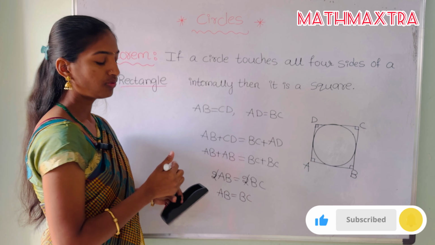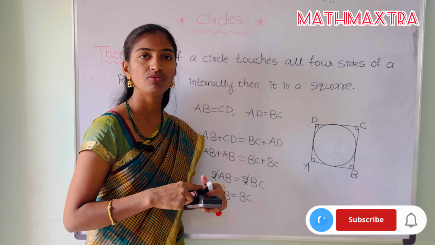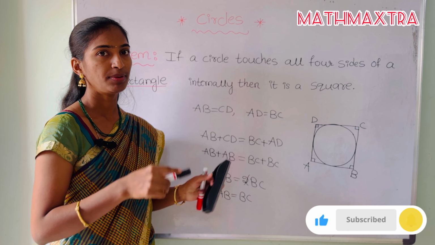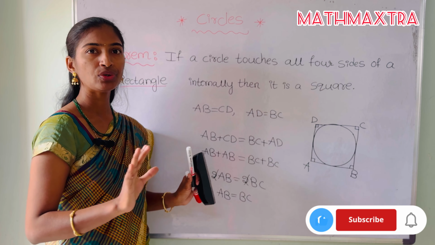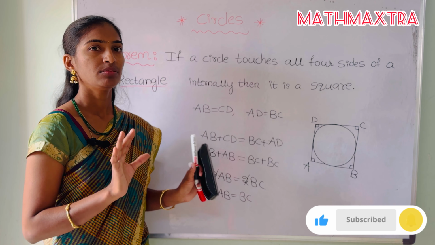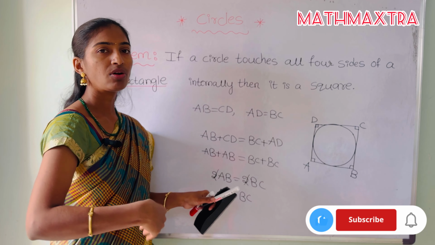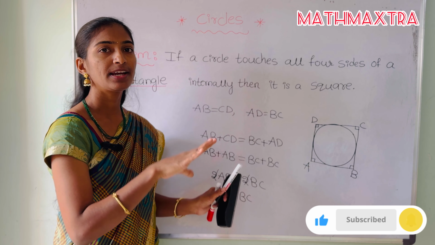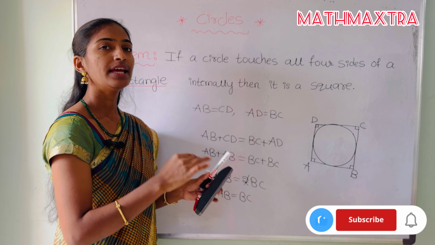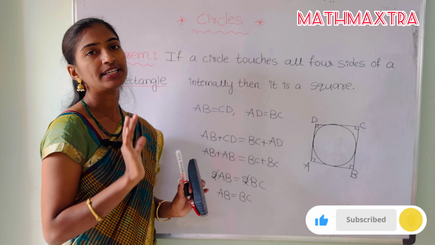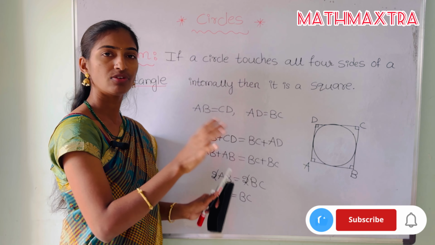So we have seen three theorems. First one is Pitot's theorem. In Pitot's theorem, we don't know which type of quadrilateral it is, but if a circle touches all the four sides of a quadrilateral internally, then the sum of the opposite sides are equal. So this is in the case of a quadrilateral.